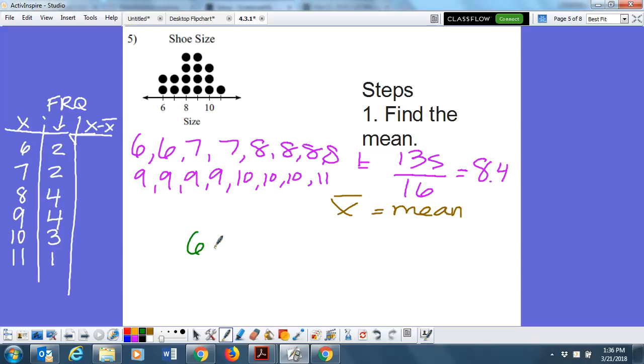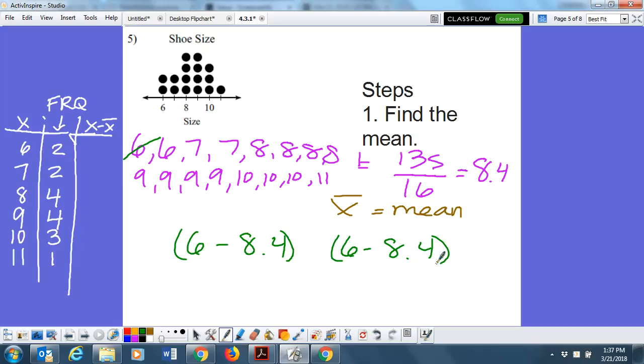So don't copy this part down just yet. If I do 6 minus 8.4 for this first 6, and then I do it again for the second 6, am I going to get the same answer or a different answer? The same answer. So that's why I had to do the frequency, because if not, a lot of you are going to do 6 minus 8.4, 6 minus 8.4, 7 minus 8.4, 7 minus 8.4, over and over when you're going to get the same answer.